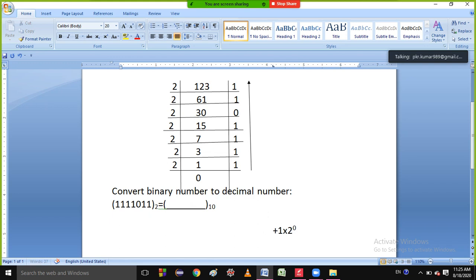Then you will write plus. Then you will get 1 again. Then you will write 1 multiply 2 power 1. Then you will write plus. Then again you will get, what do you get?